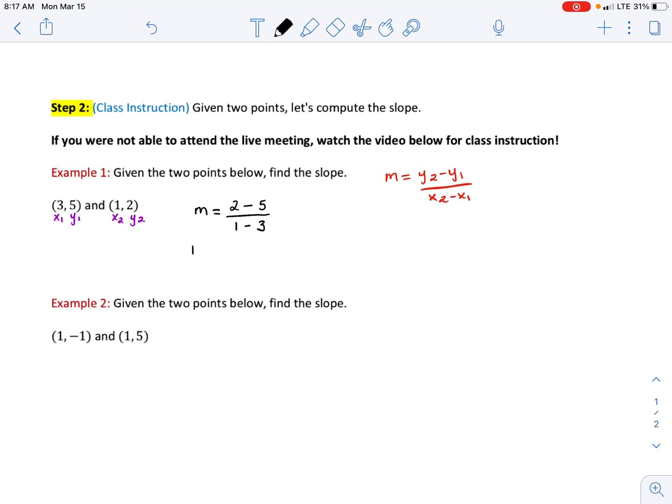Okay, and so then simplifying the numerator, 2 minus 5 gives me negative 3, over 1 minus 3 gives me negative 2. And so my slope is 3/2.